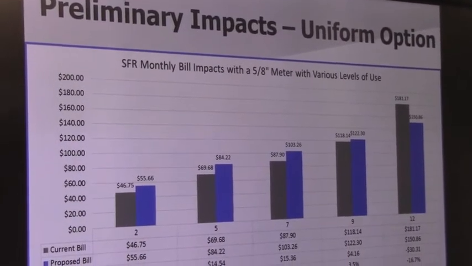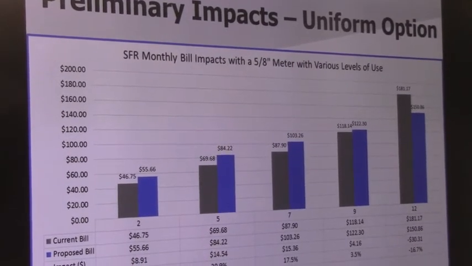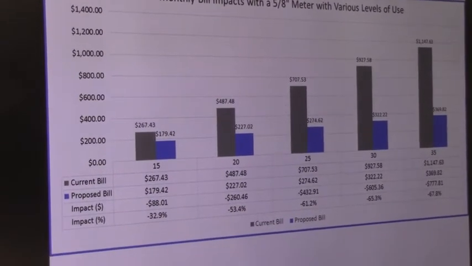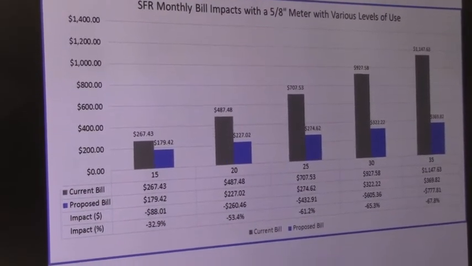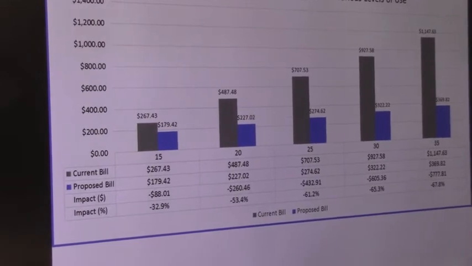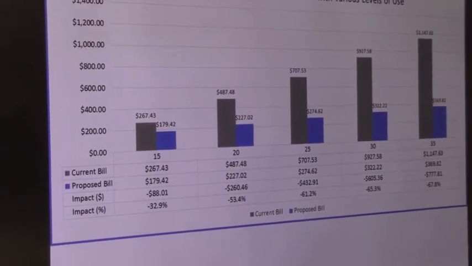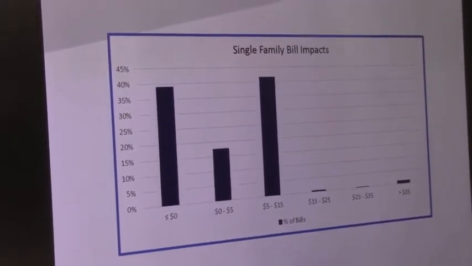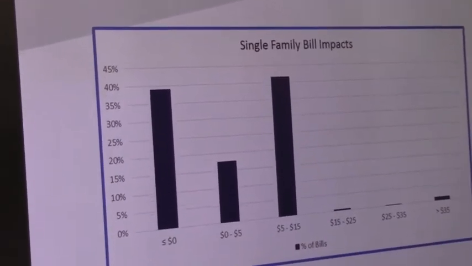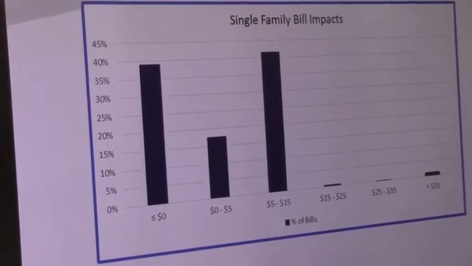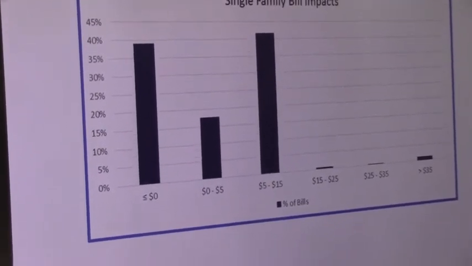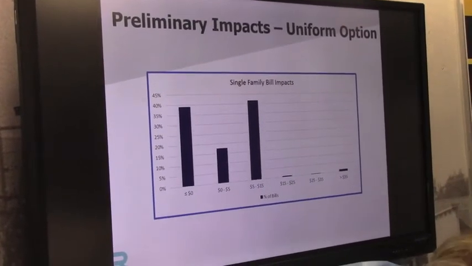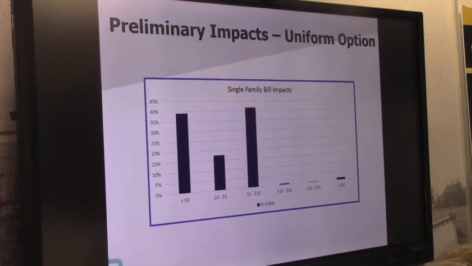Your lower water users see an increase in their bill, and your higher water users start to see that bill decrease. So I don't know whether that's an option to consider or not. But you wouldn't see any of the higher increases that we were seeing on the greater than $35, but you'd see more people having $0 to $15 increases in their monthly bill.